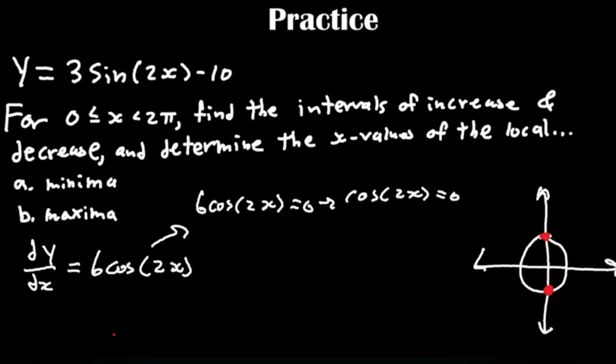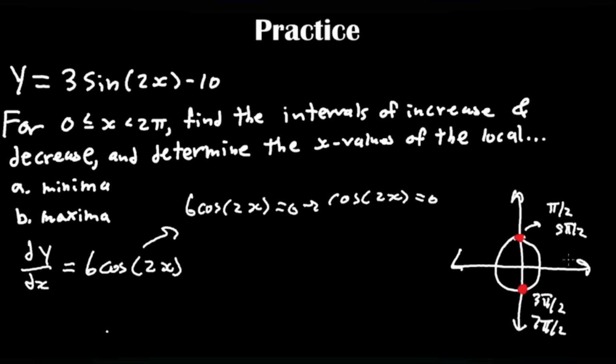So right there, this is pi over 2. This is 3 pi over 2. And then we can keep going around the circle. So 5 pi over 2, 7 pi over 2, 9 pi over 2, 11 pi over 2. And we can repeat that.